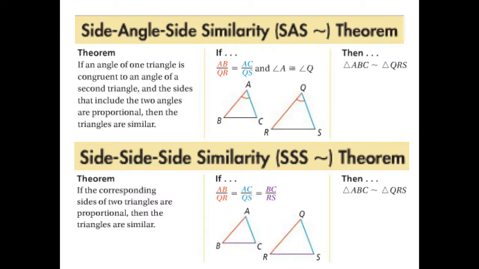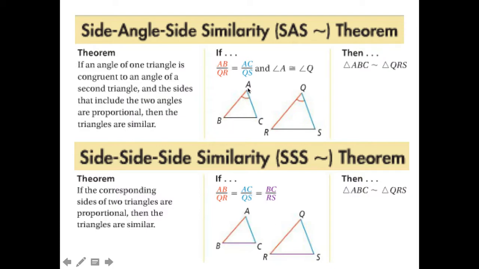Moving on to your next similarity theorems, we have side angle side similarity and side side side similarity. The first one, side angle side, states if an angle of one triangle is congruent to an angle of the second triangle, and the sides that include the two angles are proportional, then the triangles are similar. It is very important to understand that it is the sides that create the angle that we're comparing as proportional.